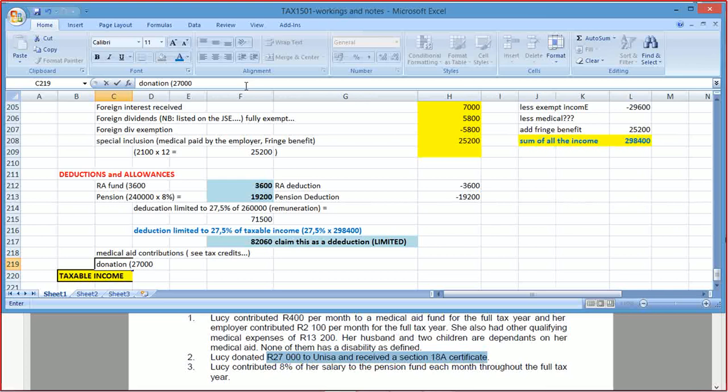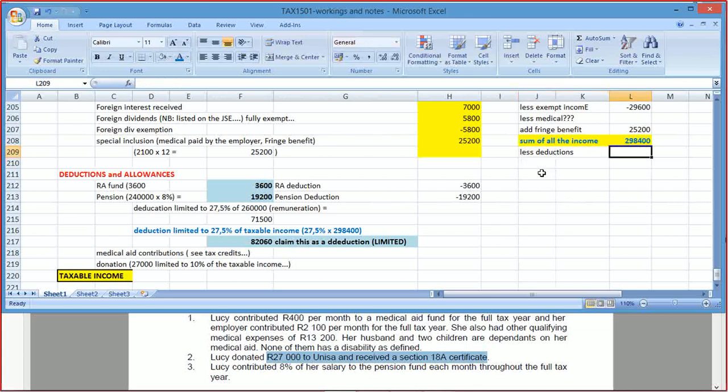Then you will have a donation here, and the donation was 27,000. This 27,000 is the amount that she donated. We need to limit this. It was limited to 10% of the taxable income.